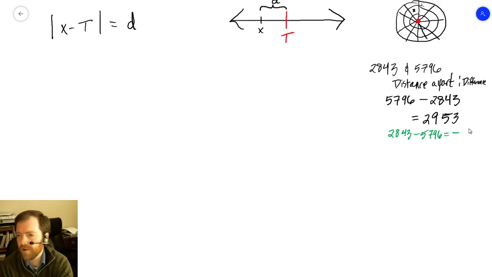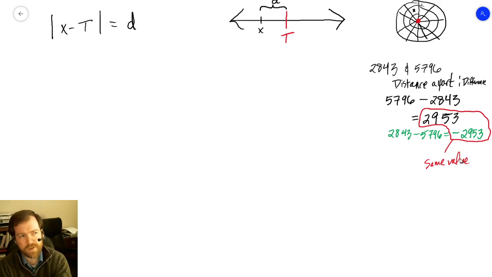So this is still going to be, in this case, negative 2,953. You notice we get the exact same values from these two things. Which makes sense. If you start at one number and you go to the other, you've traveled this 2,953 distance.